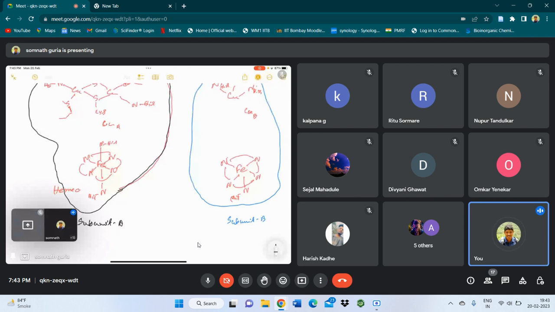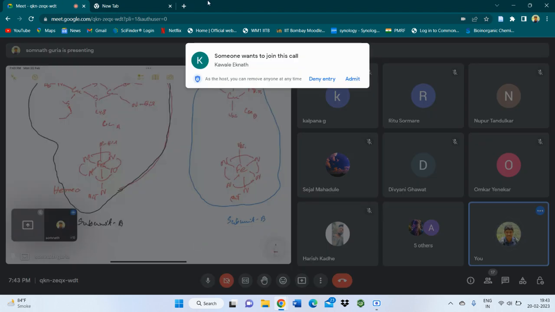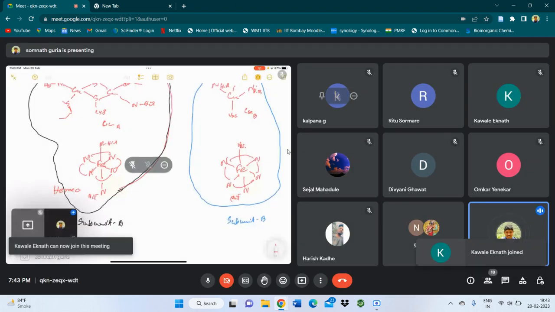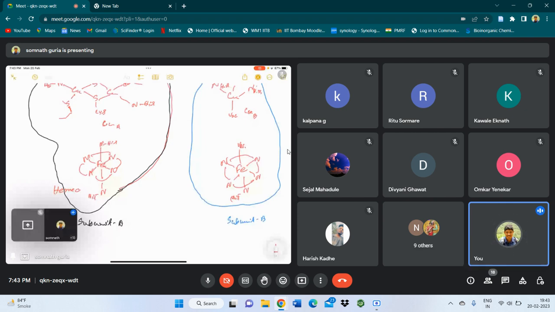It can bind with the oxygen. So now the question is that there are two possible sites. Which site can bind with the oxygen? Here two possible pathways have been provided, but which one is correct? Nobody can prove right now. But actually, the more preferable one is binding with the oxygen through the iron center.